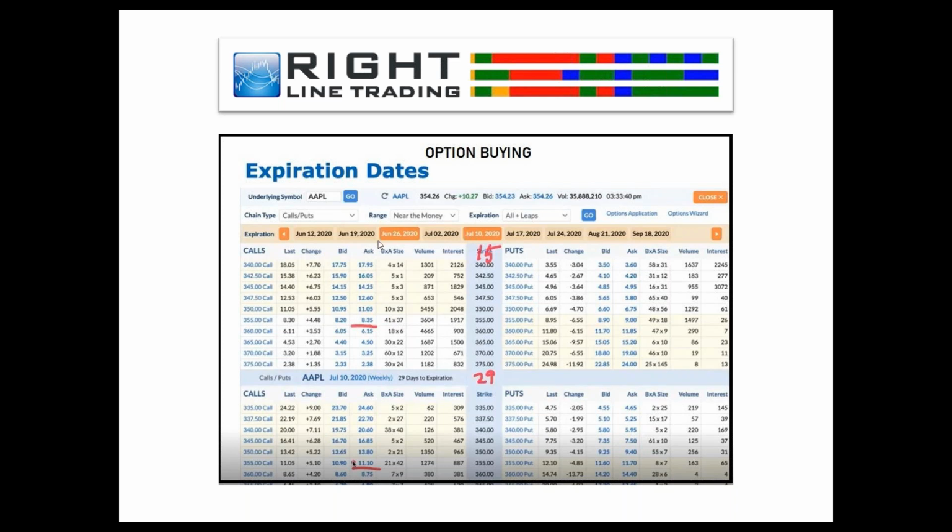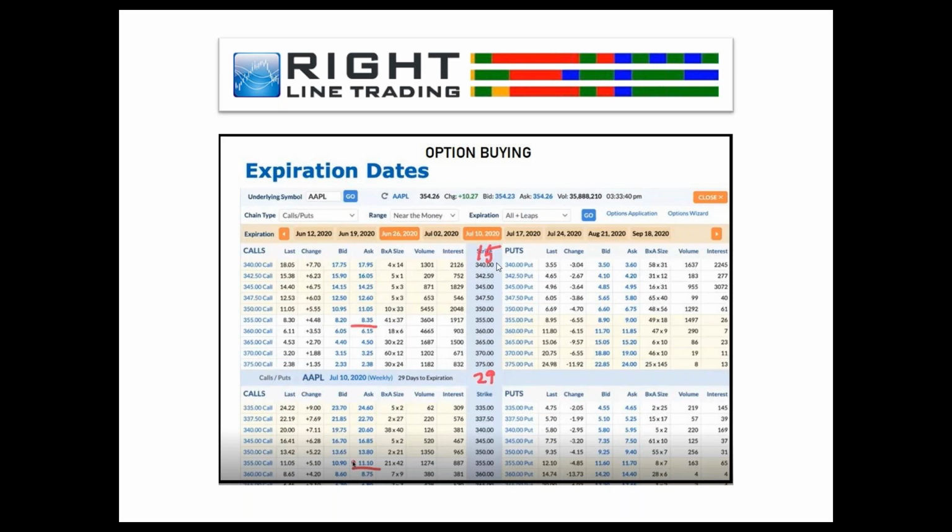Now, if we take the call and we want to buy it, I just narrowed it down to 2 expiration dates. We have the June 26th and we have the July 10th. One gives us 15 days to expiration and one gives us 29 days to expiration.